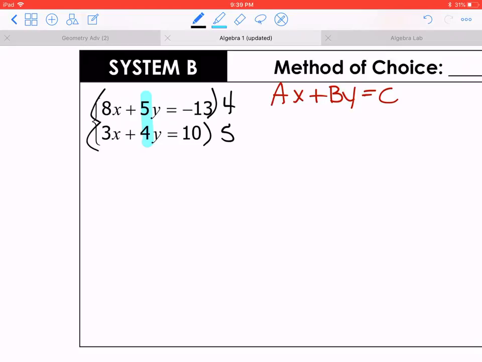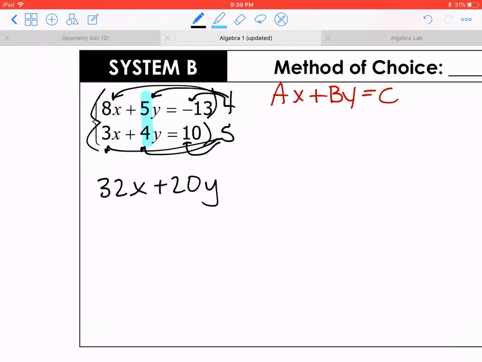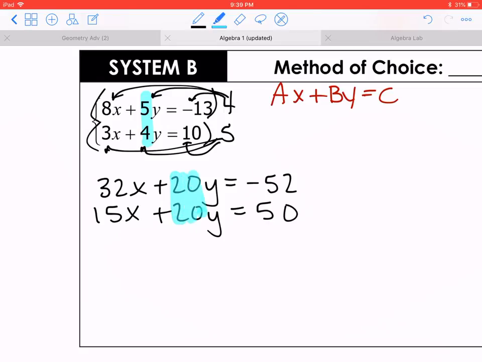So that becomes, when I distribute the 4 to everything and the 5 to everything down here, now I have 32x plus 20y equals negative 52. I have 15x plus 20y equals 50. And now I can see my matching coefficients.